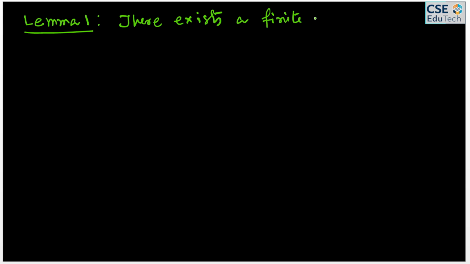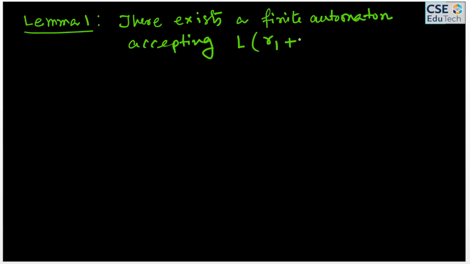Number one, lemma 1. What is this? Lemma 1: there exists a finite automata or automaton accepting the language generated by R1 union R2.